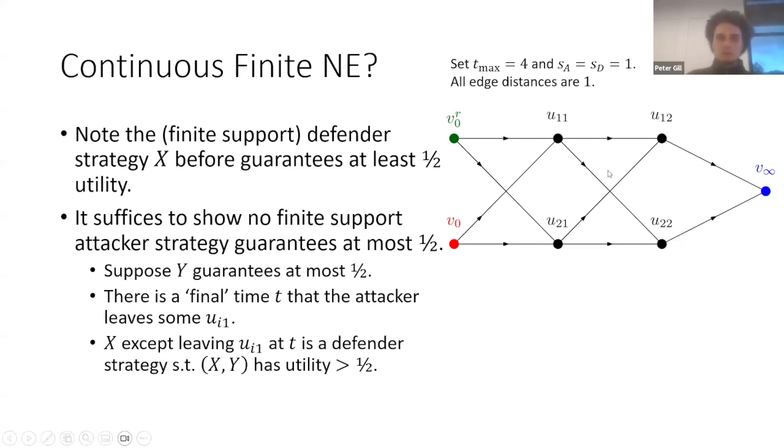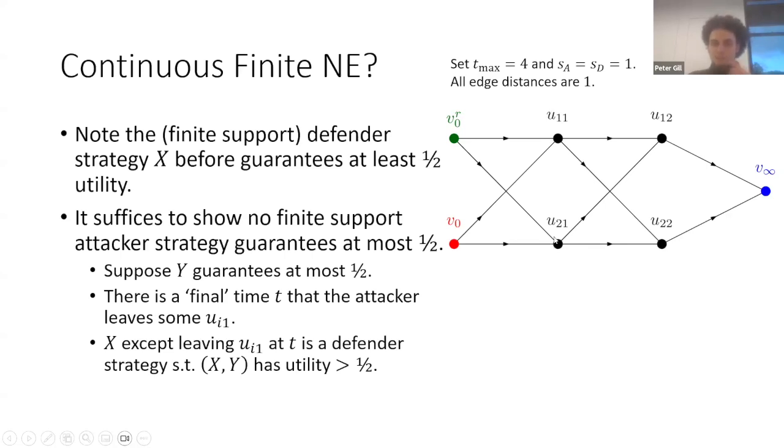So you can imagine, say, if this Y had the final attacker strategy leave U11 at time, I don't know, 4 and go to U22, then in the X strategy, the strategy where the police waits here forever would instead think, okay, it's now time t equals 4, the final time t that the attacker leaves the first column.